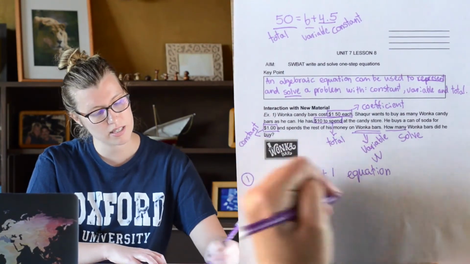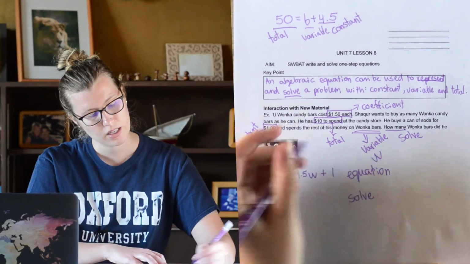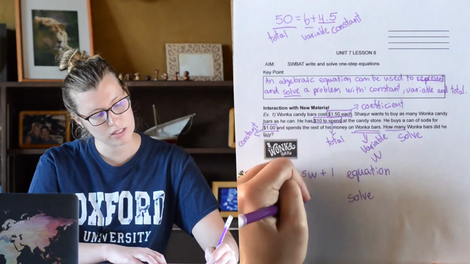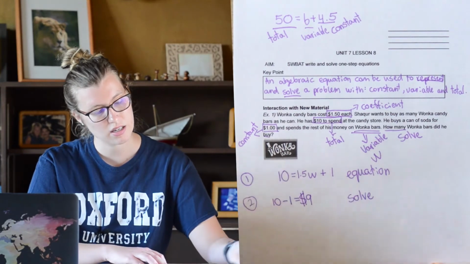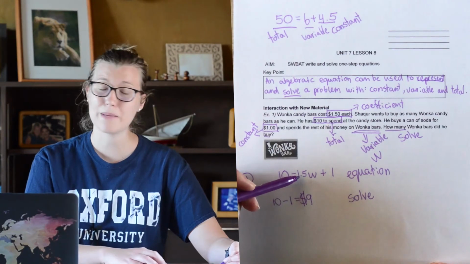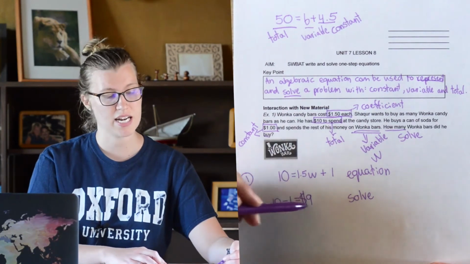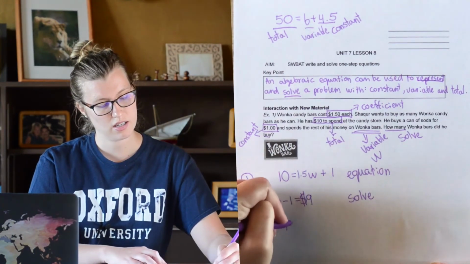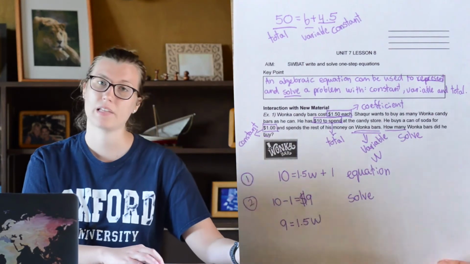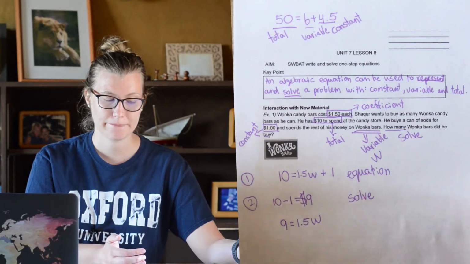So my step two is going to be to solve. My first step was 10 minus 1, and I'm only left with $9 for Willy Wonka bars. How many bars can I buy if I have $9 and each costs $1.50? How will I figure that out?